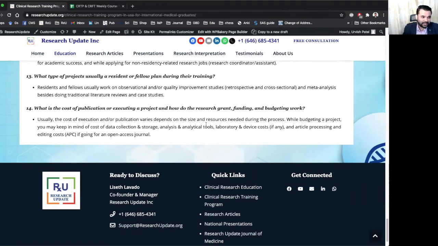If it is QI, you don't have to deal with many resources, so again the cost is smaller. But if you are dealing with other databases, a national database, or you are hiring a biostatistician, or you are publishing in an open access journal, then the cost will go a little bit to the upper end.